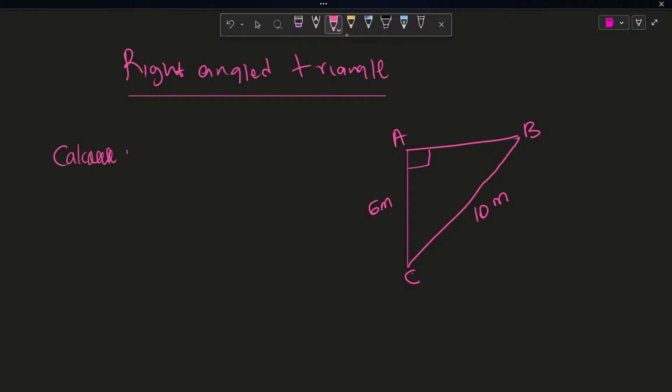Calculate the length of AB. 3 marks. Try to be quick. Do it.